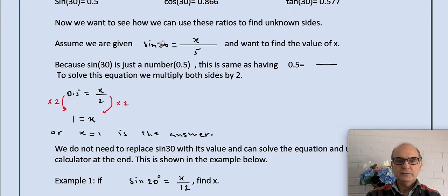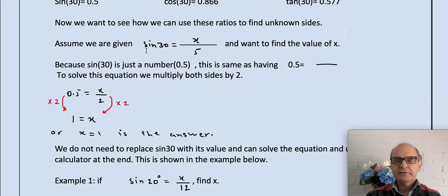Assume you've been given sine 30 is equal to x on 5. So here, this is an equation. Usually, in previous examples, we had a number, like for example, 4 equal to x on 5, and then you would have solved that equation.